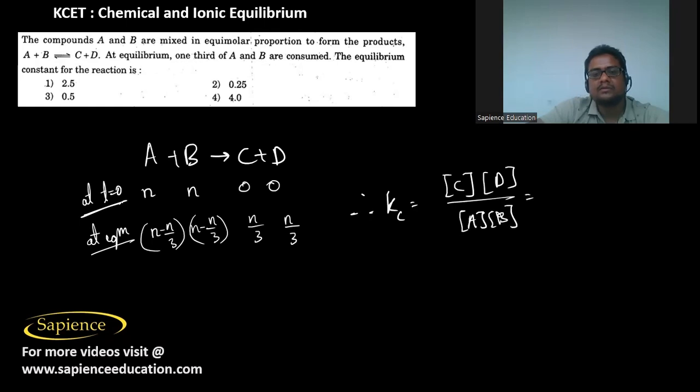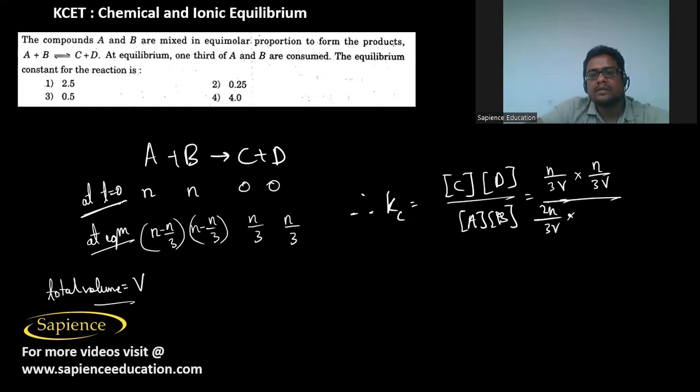Now let's say the total volume is V. So the concentration of C will be n by 3V, concentration of D will be n by 3V, concentration of A will be 2n by 3V, and concentration of B will be 2n by 3V, since 3n minus n is equal to 2n.